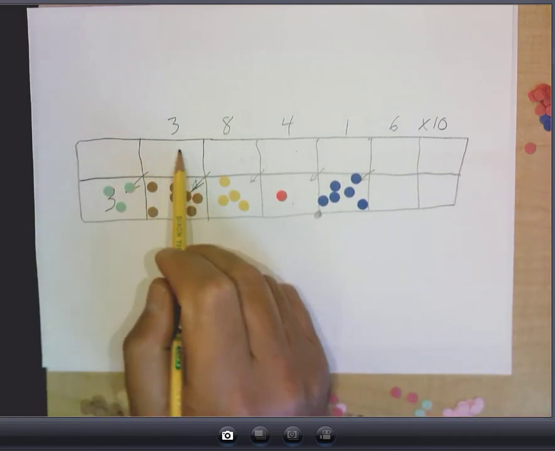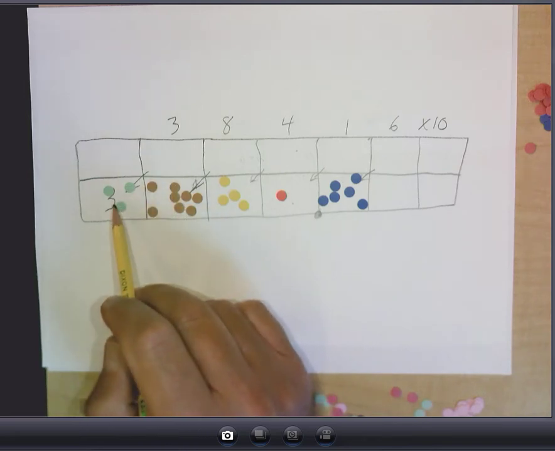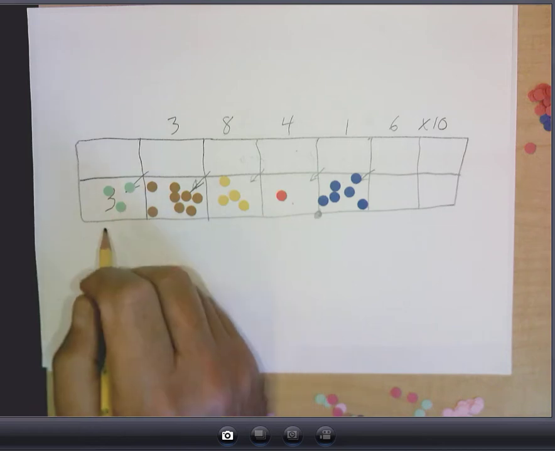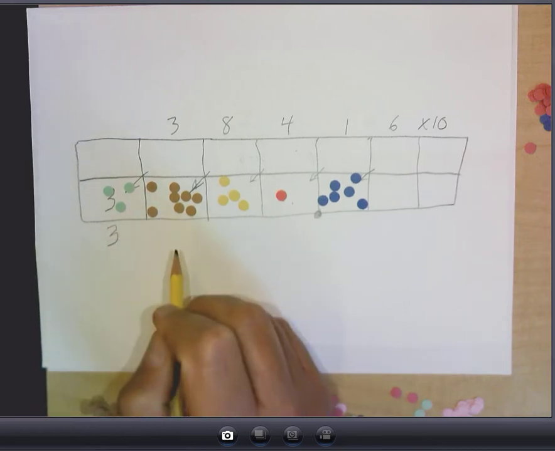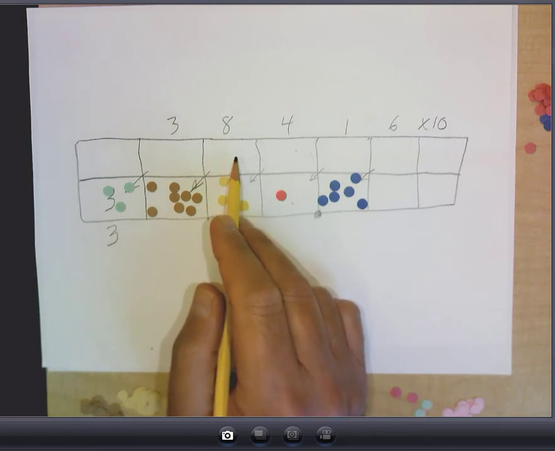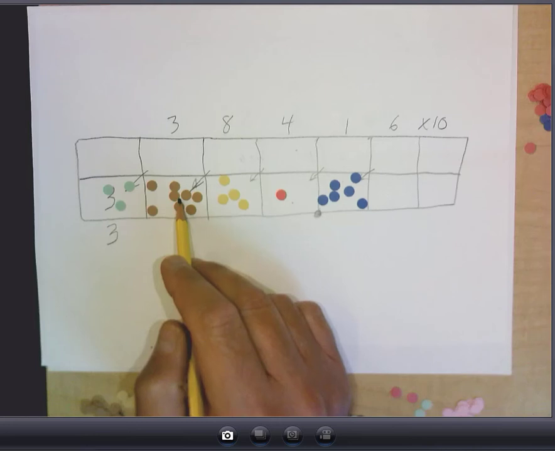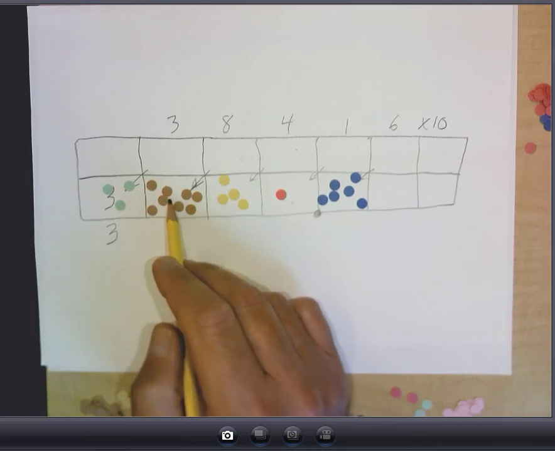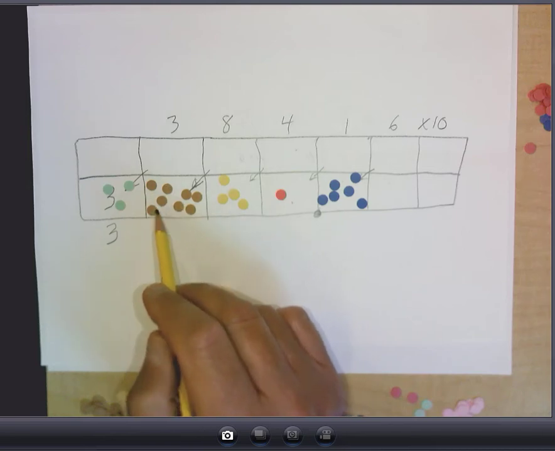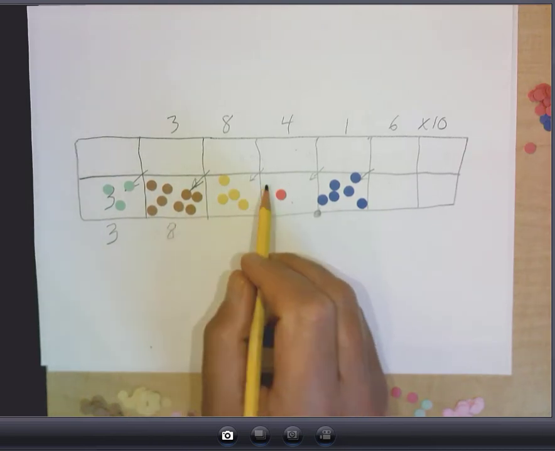So the original brown 3 dots, we multiplied, it became 30, which pushed it over here back to 3 dots. So now that's 3,000, right? And then the original 8 yellow dots over here, we multiplied by 10, it became 80, which pushed it into this box and became, since pushed it into the hundreds column, and now we have 8 brown dots, so 800.